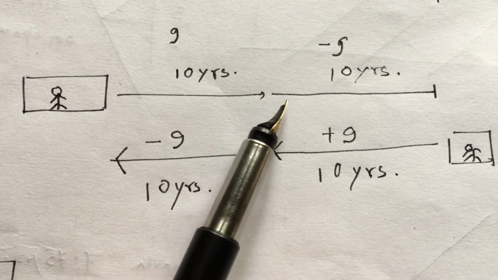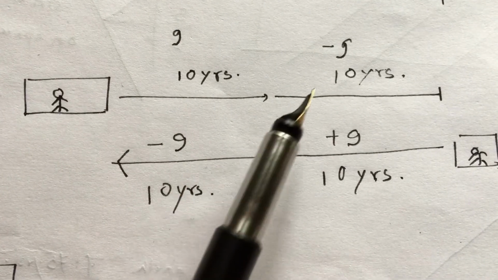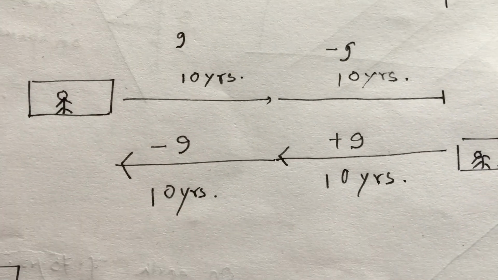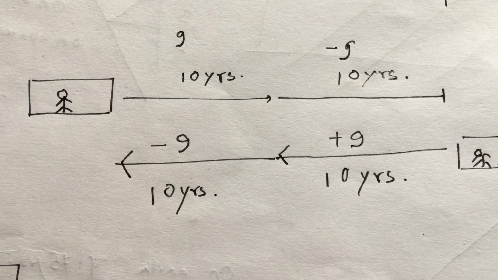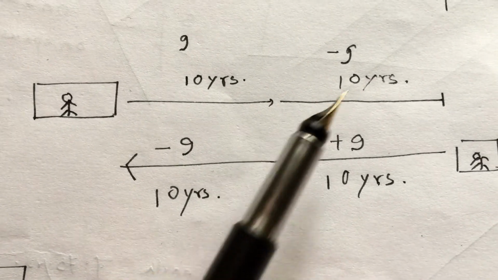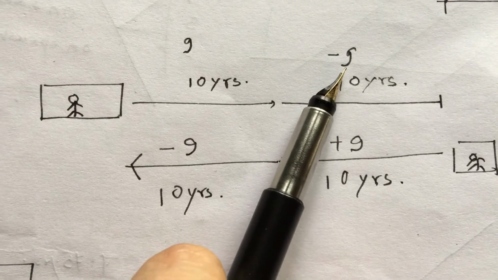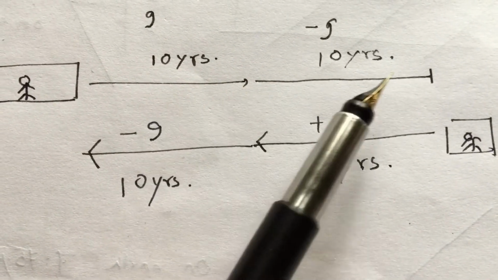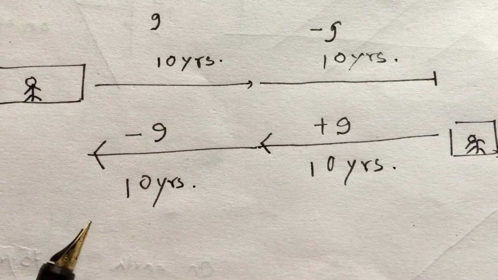So it is now traveling with a retardation. That's why I have written this as minus g. The value of the retardation is g. And he travels with this retardation for another 10 years. Then after this 10 plus 10, 20 years, he returns back.